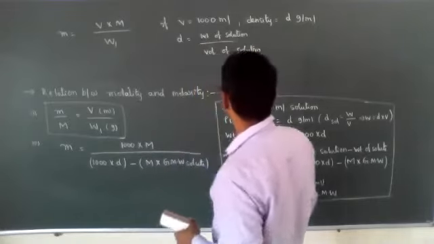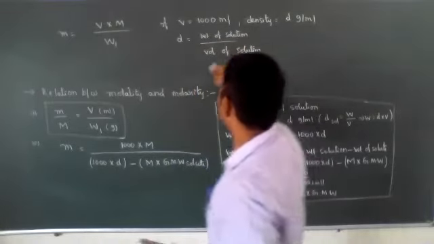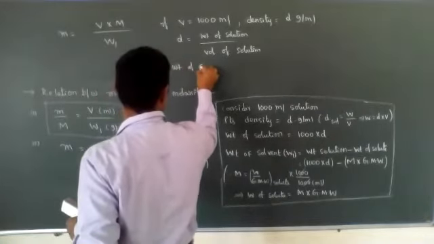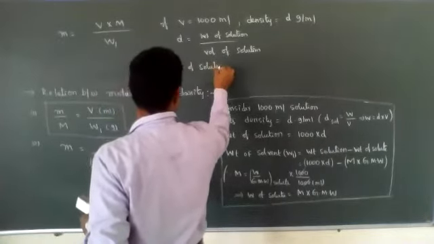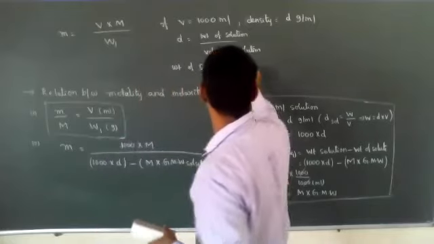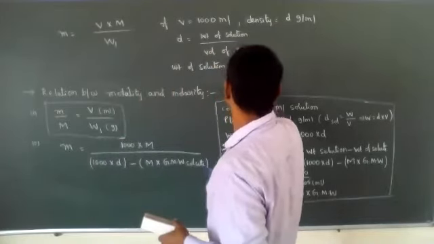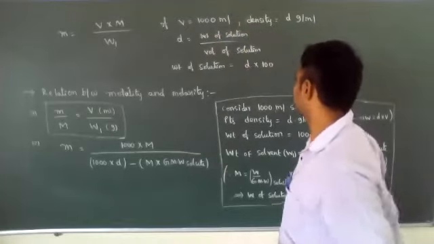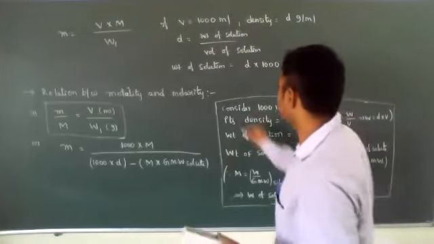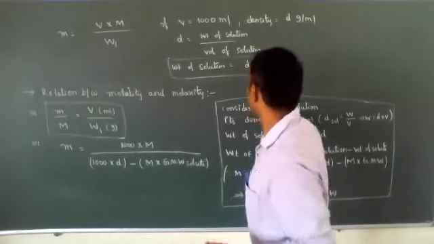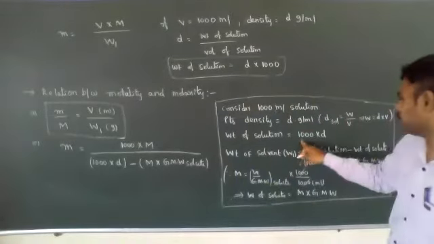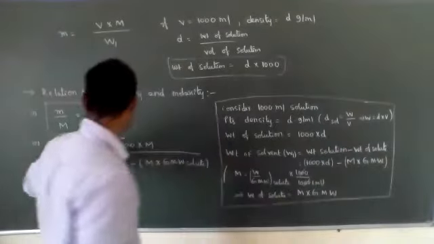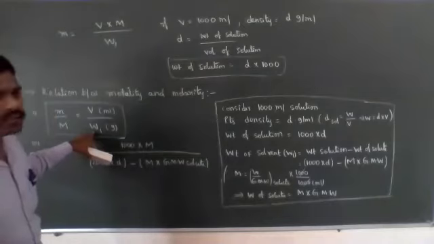So from this, the weight of solution is equal to density into volume of solution. How much volume did I consider? 1000. So the weight of solution is equal to 1000 into density. But what is the denominator here? The denominator is the weight of solvent.